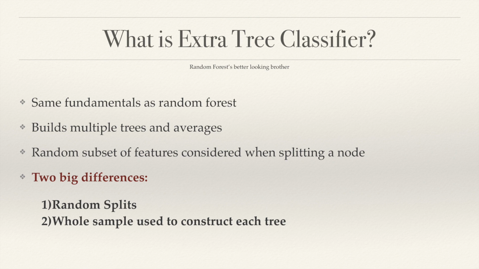The first is that in random forest, the splits are calculated, they're optimal, and they're based on the underlying purity of the split. In extra tree classifier, the splits are completely random. The second big difference is that the whole sample is used to construct each individual tree. So there's no bootstrapping, whereas in random forest we had bootstrapping. This is why extra tree classifier is also known as extremely randomized trees.